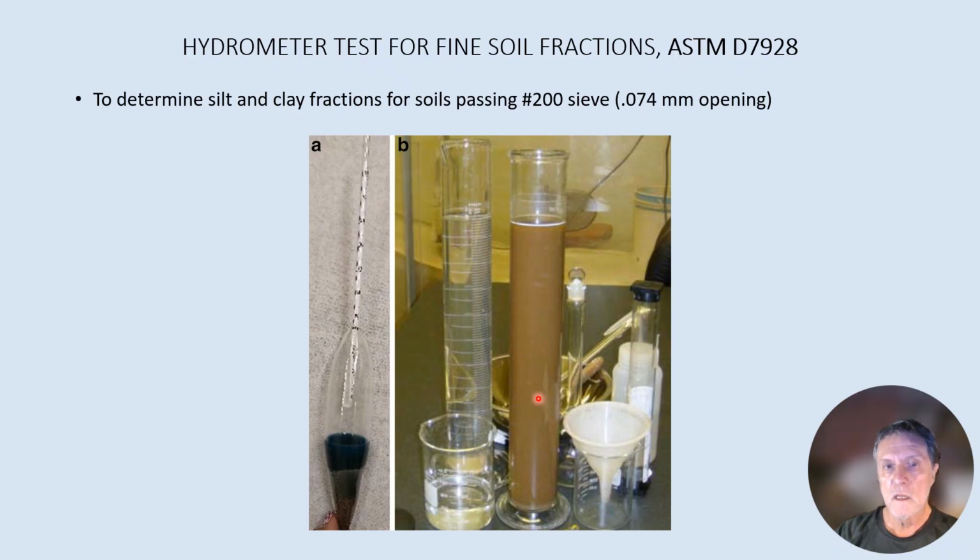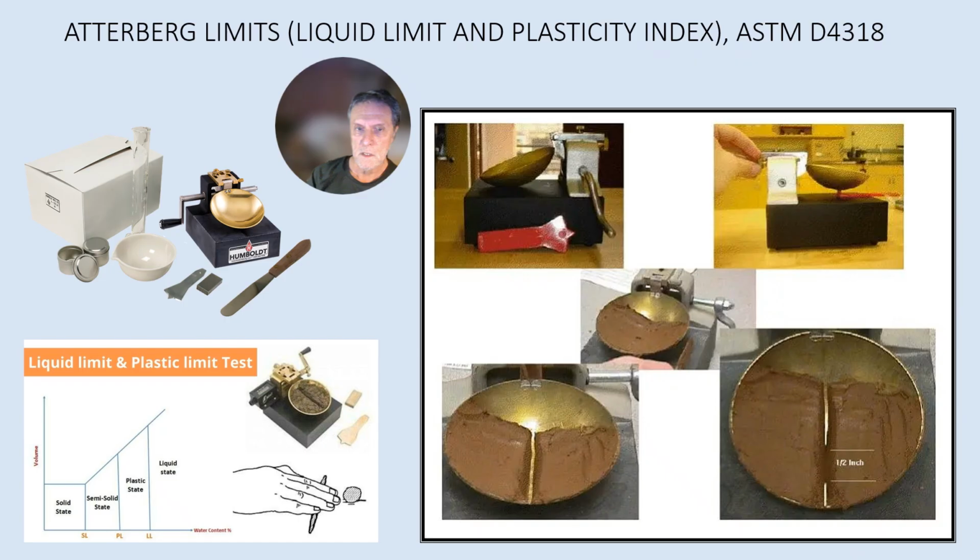And then you can get the percent of silt and the percent of clay from this procedure. Okay, so you've classified your soil by particle size. Now you want to determine its plasticity from a procedure we call the Atterberg limits, liquid limit and plasticity index.